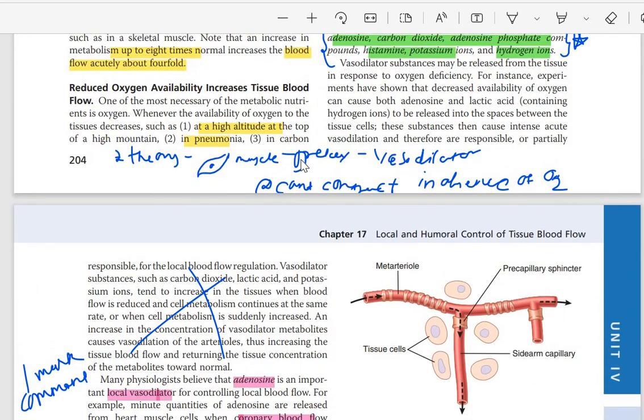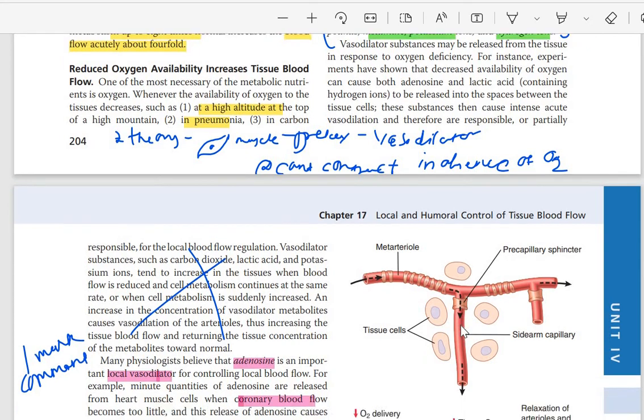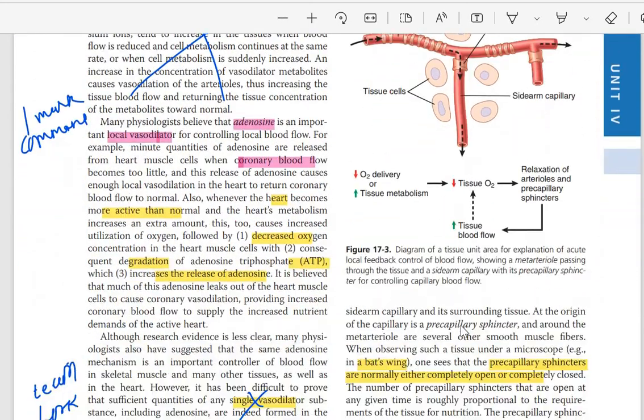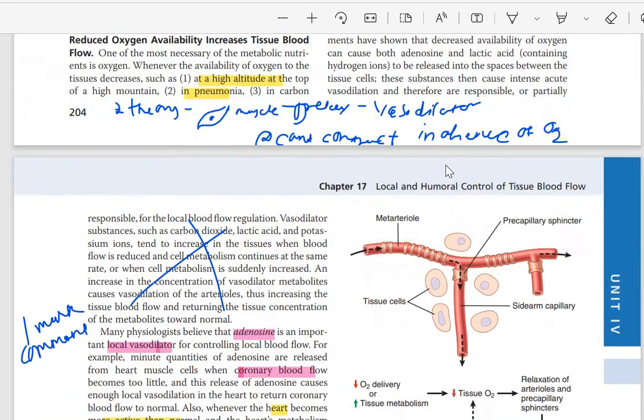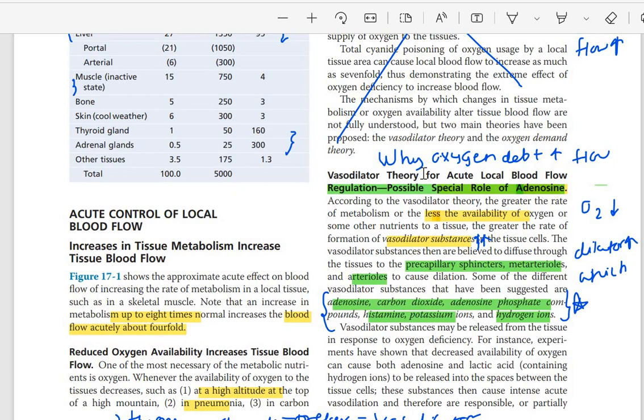One theory is that we are actively relaxing the muscle by giving vasodilator, and the second theory says that when there is no oxygen, the precapillary sphincter, metarteriole sphincter muscle can't contract in lack of nutrition, oxygen and ATP, and automatically, because they can't keep contraction, they will relax. So the vessel will be dilated.